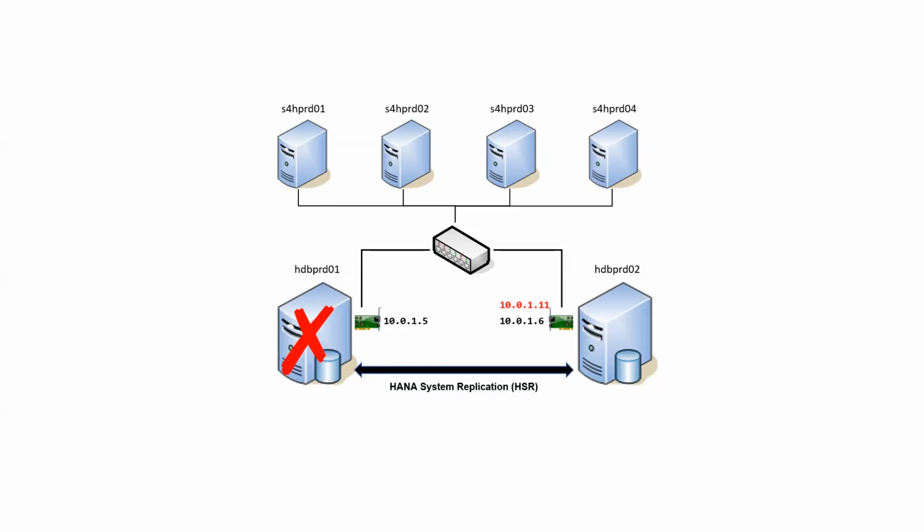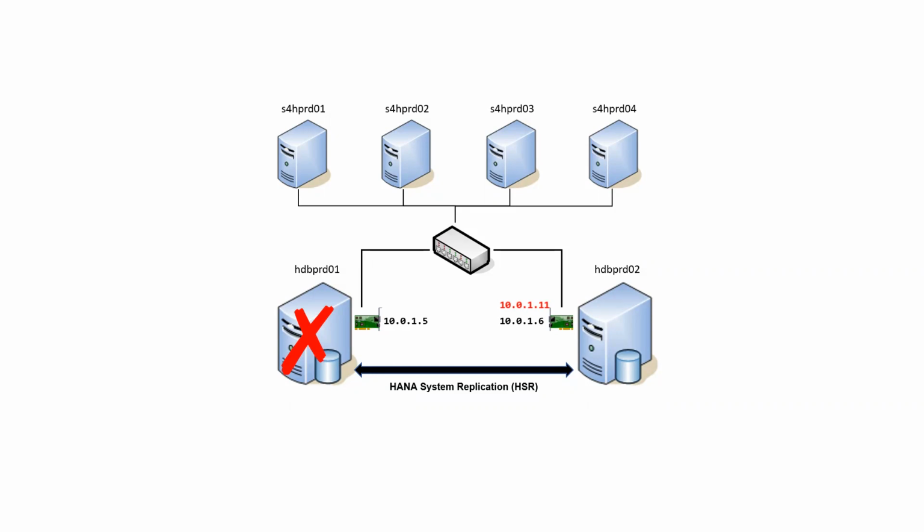In case the virtual IP address moves from the failed node to the second node, the system will, instead of connecting to the first node, redirect all the connections to the secondary node where the virtual IP address is active. Is this point clear? Okay, so now this point is clear.